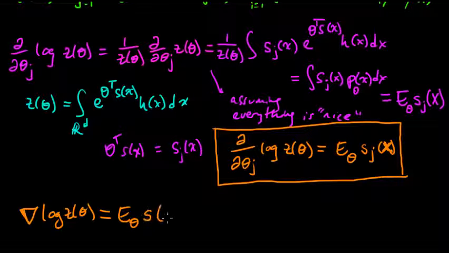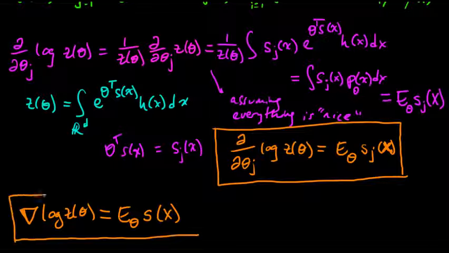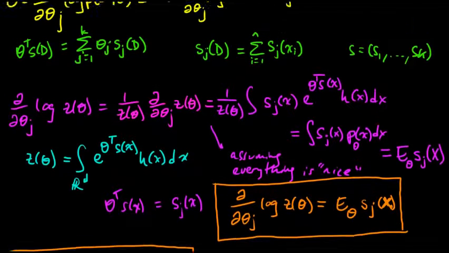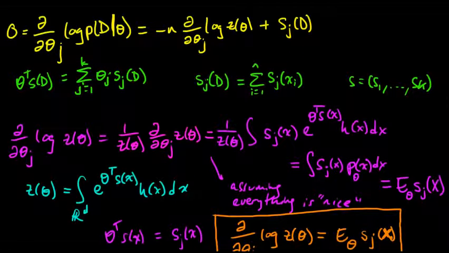So it's the expected value of s of x, the expected sufficient statistics. Remember, we said that s was a sufficient statistic without defining what that is. But this has the beautiful property that the gradient of the log of the partition function equals the expected sufficient statistics when this is evaluated at theta. So that's beautiful. And let's plug that into our calculation above and see what happens.